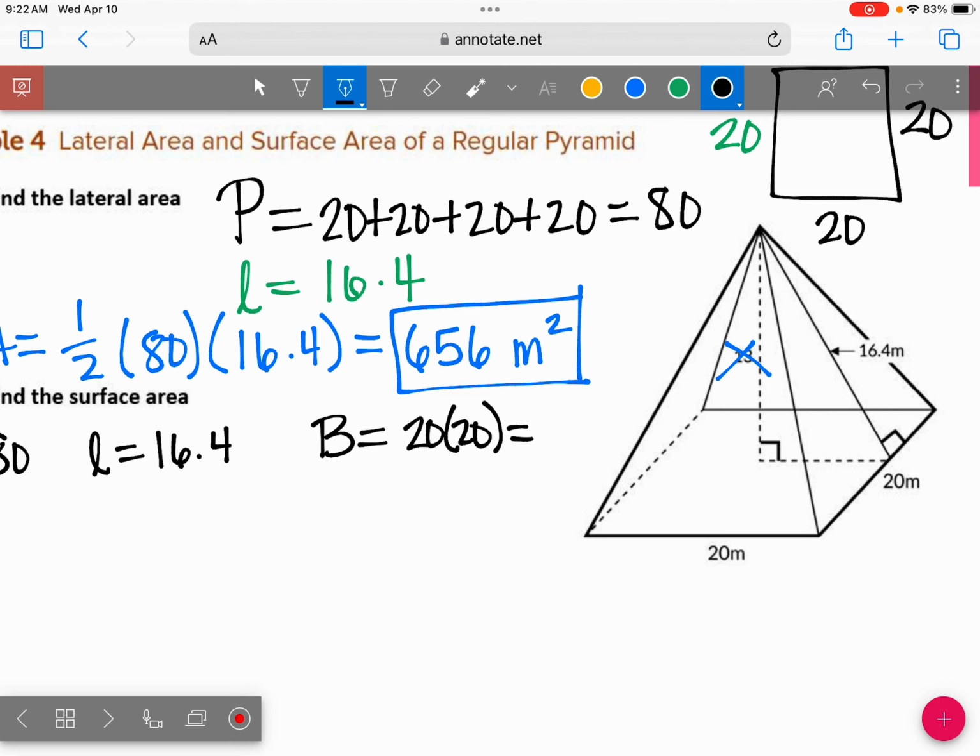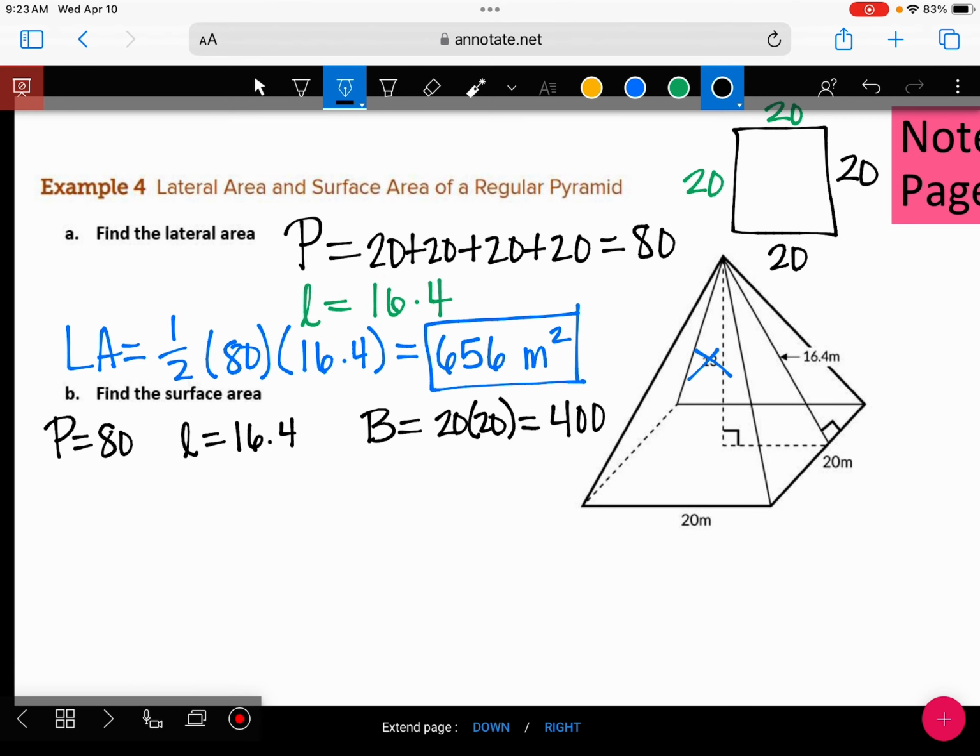Go ahead and figure out what you get. You get 400.